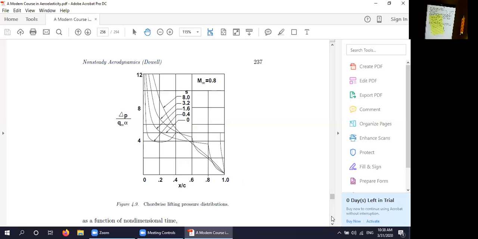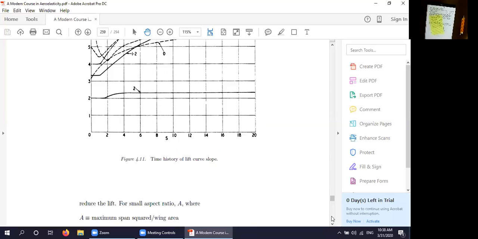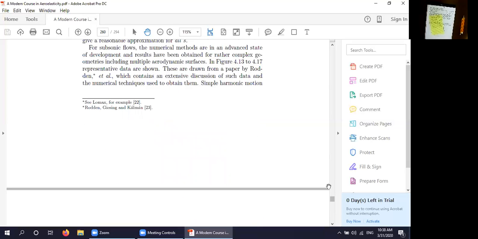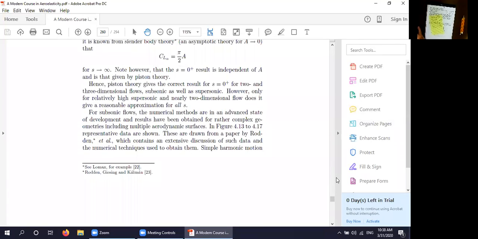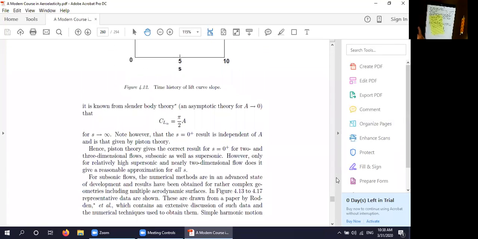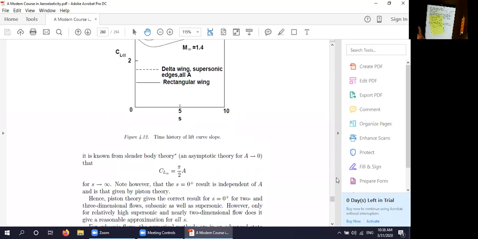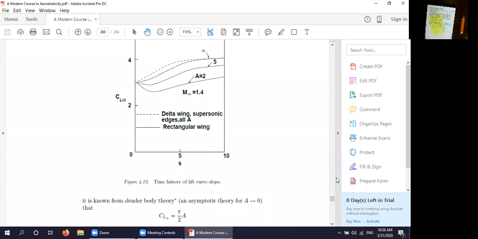And now let me show you just a few more results since we're talking about results this morning. So far, we've just done two-dimensional flow, but we'll do the three-dimensional case too.